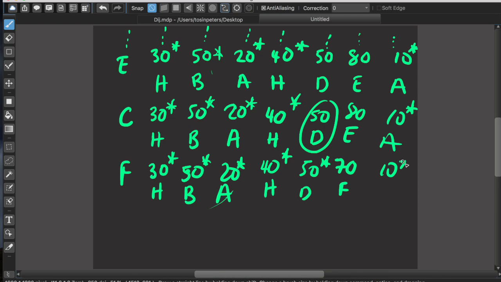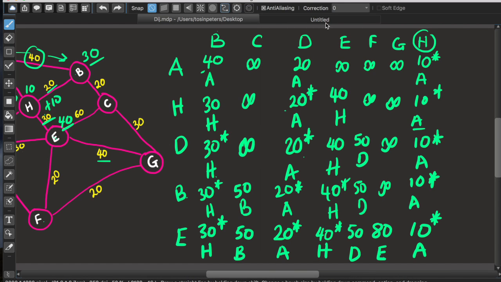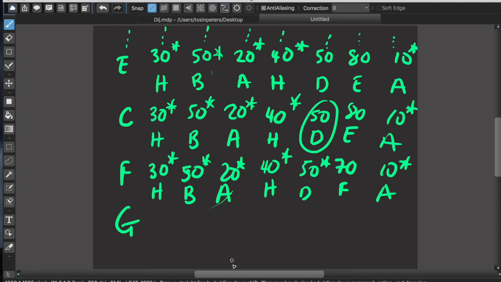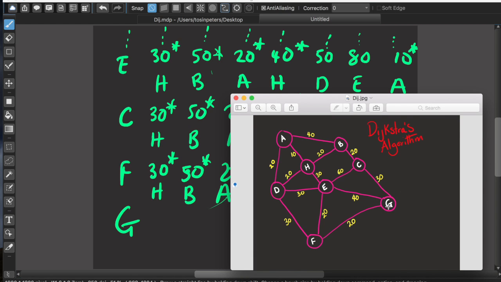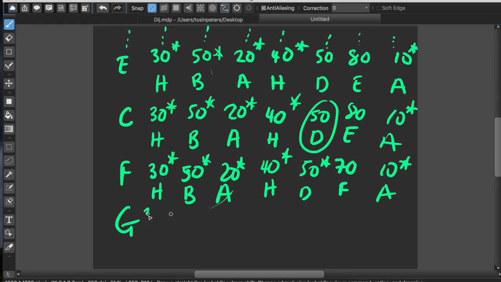What is left is G. So we have to go from G. Remember, G is 70. I don't think we'll change anything, because from G, this is 90, too big. This is too big, too big, too big. So everything is going to stay the same. Okay, just writing them down.